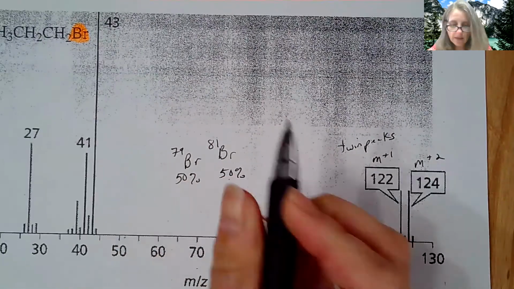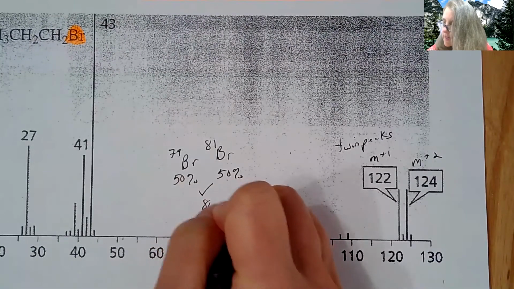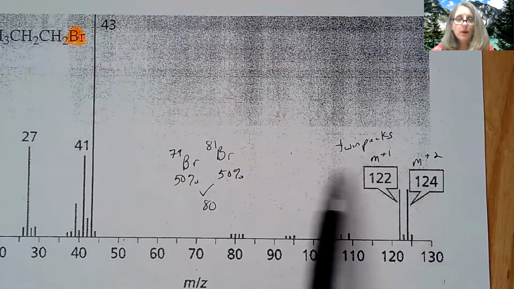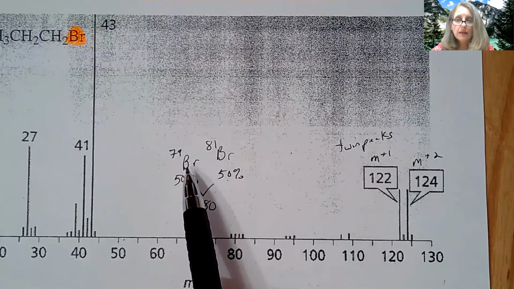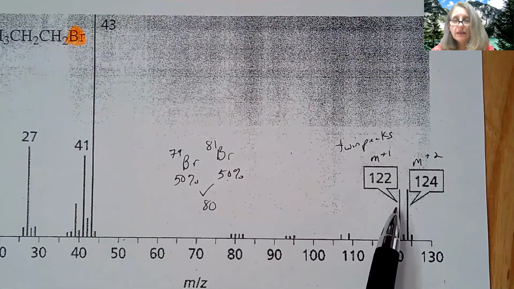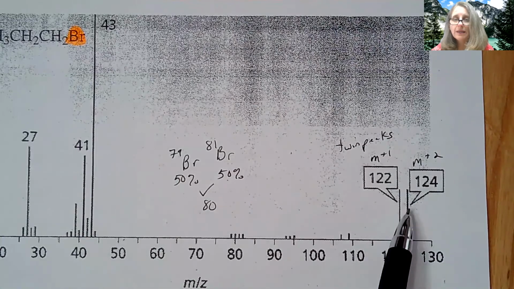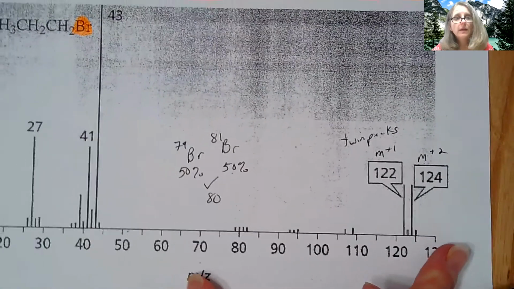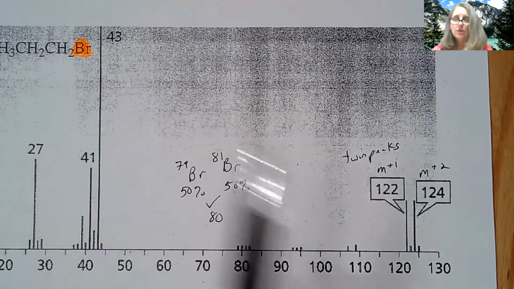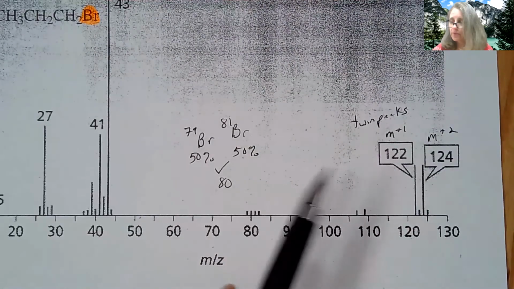So that means their molar mass is about 80. So you get 2 twin peaks that are 2 apart because half of the bromine is bromine 79, half of the bromine is 81, and you get the similar size 2 peaks to show that you have bromine. Plus, if you take 80 minus 122, you get approximately 43 and so on and so forth.